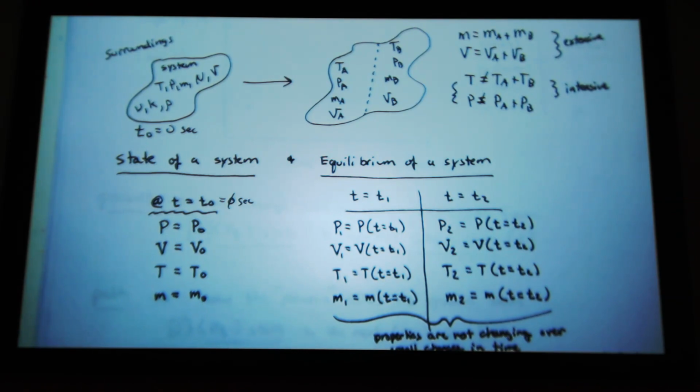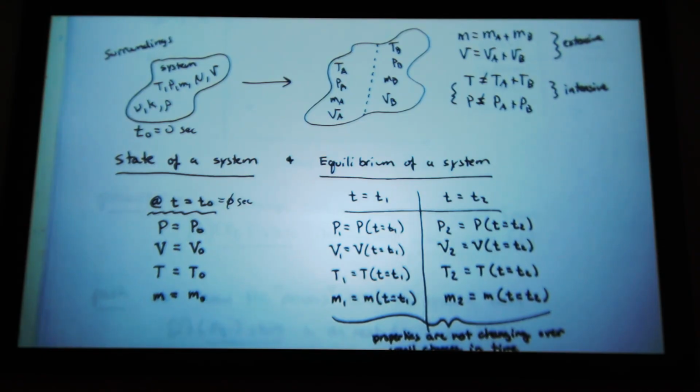I take a snapshot in time and I say, this is the average system temperature, pressure, mass. So I don't have to say average mass, but I could just say, this is the mass of my system at T equals 0. This is the group pressure and temperature. This is the volume of my system at T equals 0.